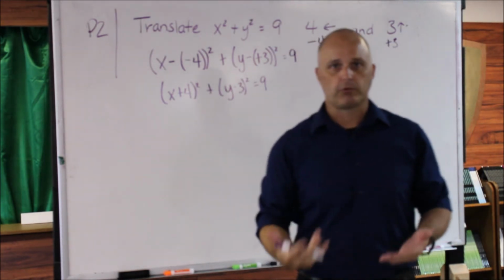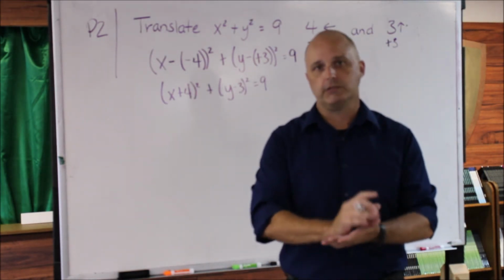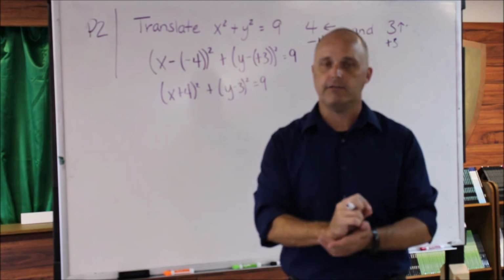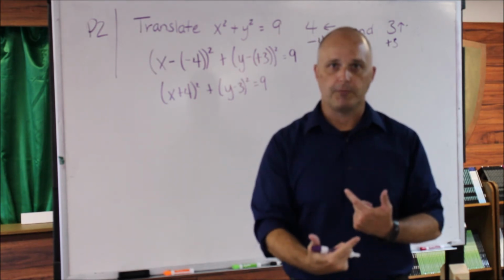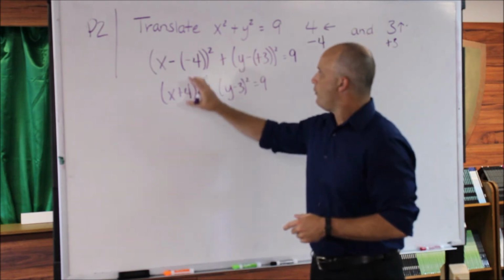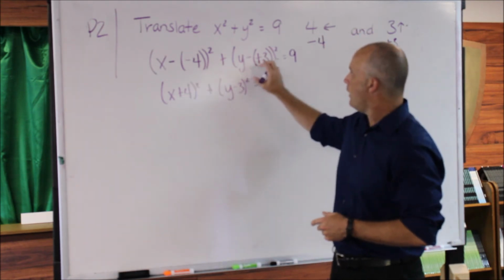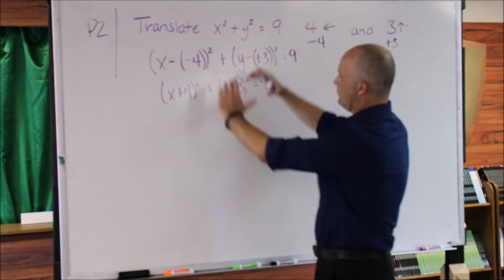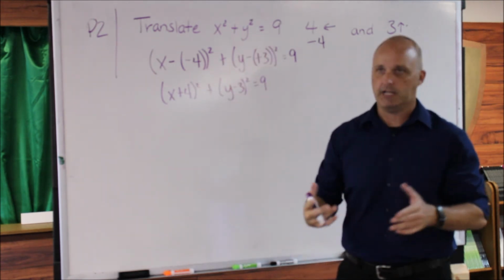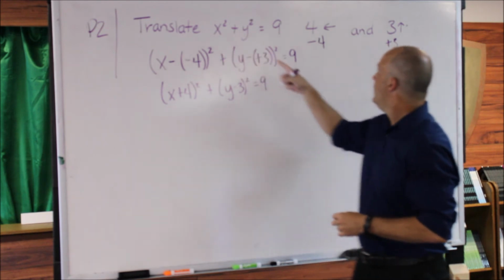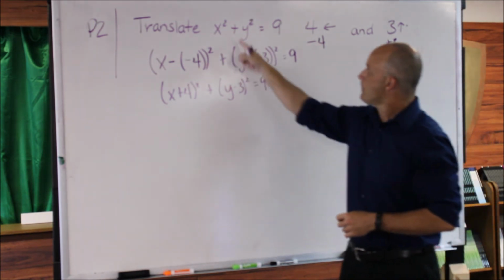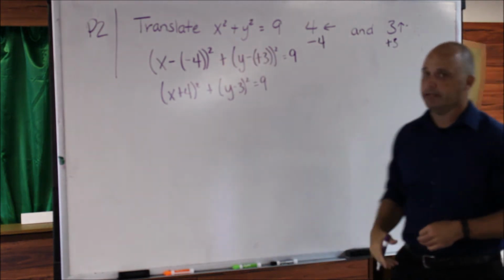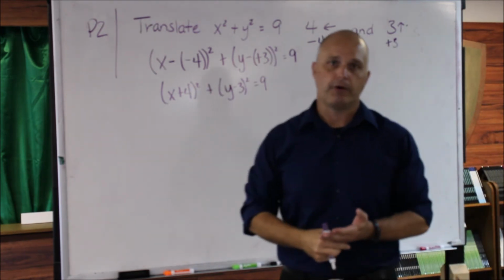That's the way it always works in general form. Whenever we're dealing with something that starts off as a negative, we always are going to end up with the positive. So the negative 4 becomes positive 4, and the positive 3 becomes negative 3. So really, you don't even have to go through this entire process if you understand that. You could simply write x plus 4, and then y minus 3, square them both, and then set it equal to your r squared.